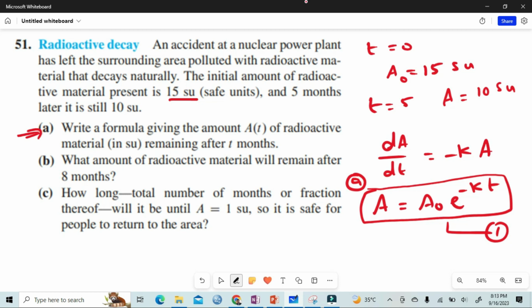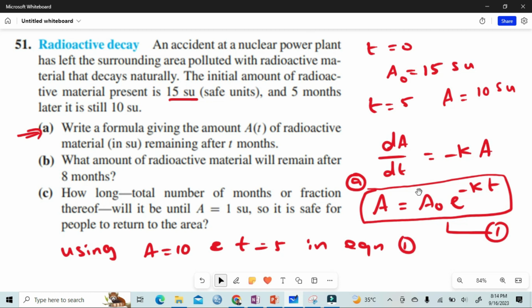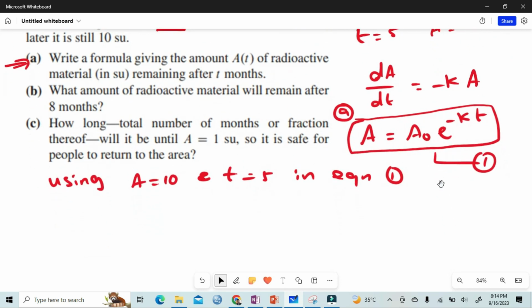Now B, to find B, we need the K value. So use the initial information T0, A0 here, and the A value when T is 5. Using A is 10 and T is 5 in equation 1, what we get is 10 in the left hand side.